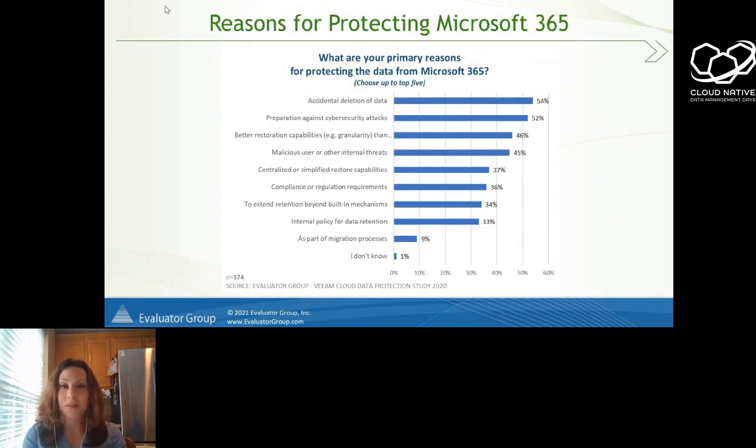So looking at some of the feedback that we got, over 50% saying accidental deletion of data and preparation against cybersecurity attacks. So that's plain old user error, which I think we've all had an instance where we've accidentally deleted something and we shouldn't have, and we need to recover it. And then cybersecurity, of course, we all hear about ransomware, and that threat is only continuing to get more concerning.